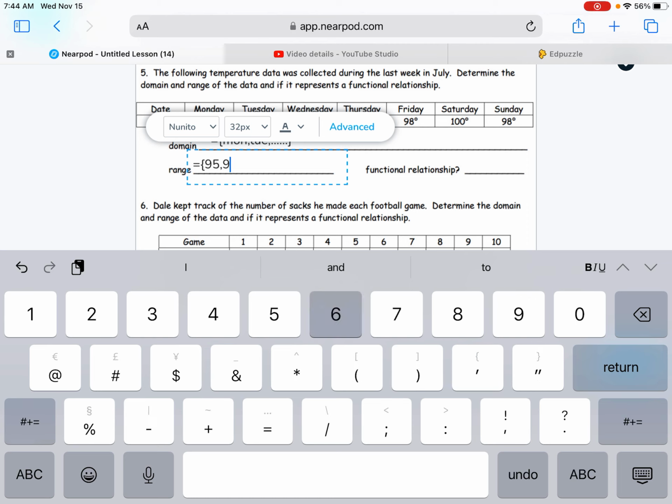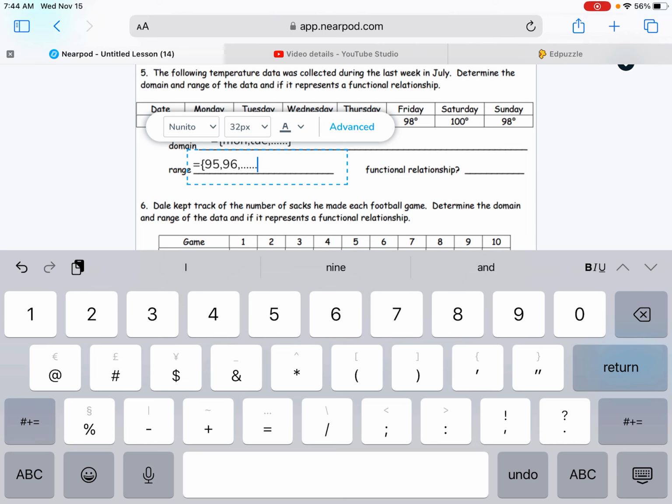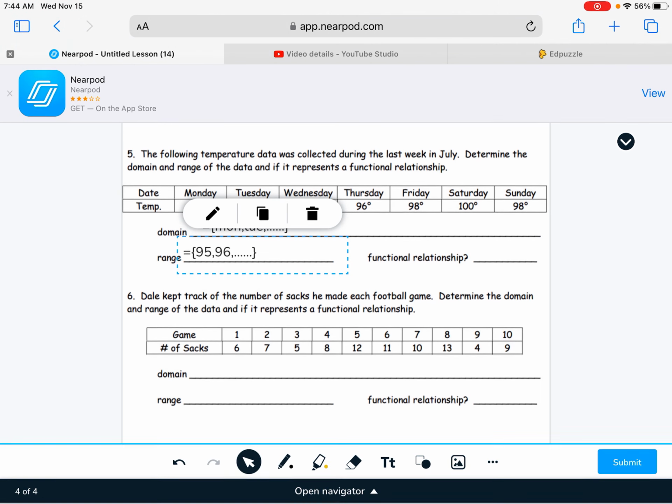I've also got the 97 degrees, 98 degrees, 98 degrees again, 96 degrees again. And no, I don't need all that. All I need to do is list each of those once. I don't need to put a second 96 or a third 96 or anything like that. I'm going to put the dots there once again to make sure that you are able to recognize that there's more than just what I've typed, but I recognize that typing is boring.